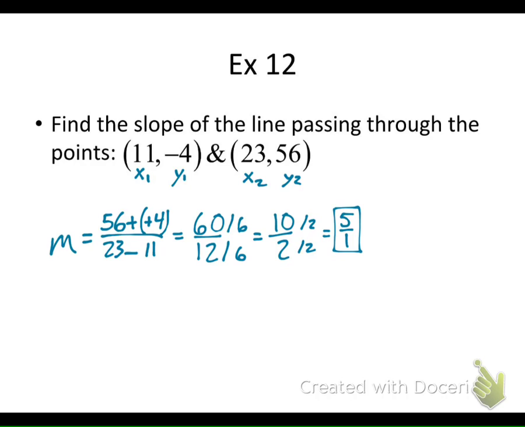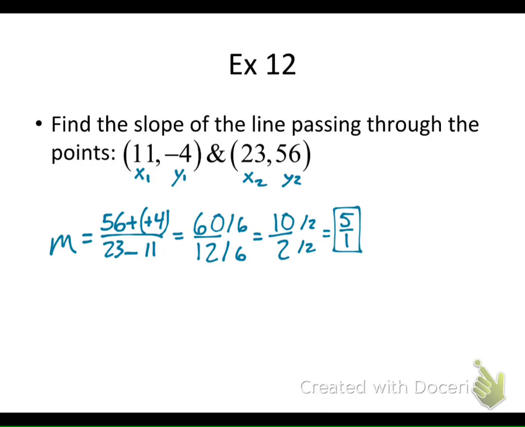I'm going to tell you that 12 goes into both of these numbers. But what's another way that you can simplify if you don't know how to simplify it by hand like that? You could simply divide it, or you can use your calculator and type in 60, fraction button, 12.